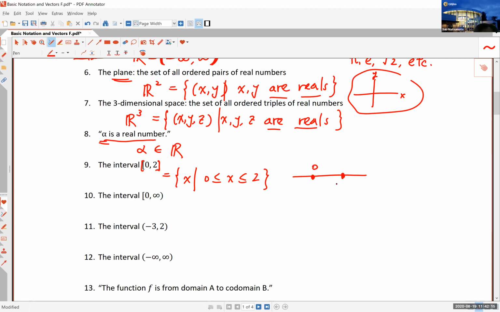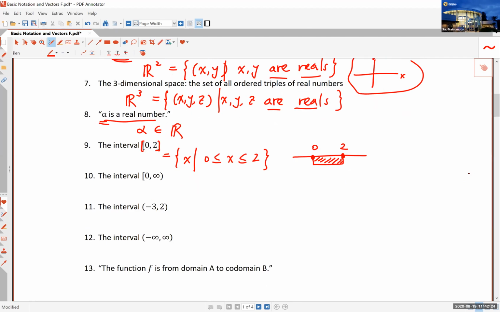You can say this is all the numbers in between 0 and 2, including the endpoints. All right, so that's the closed interval. And the word closed actually has a very significant and precise meaning. But for the purposes of this class, you can just say that the set is closed when the boundary points are included in the set. That's probably the best way to say that.